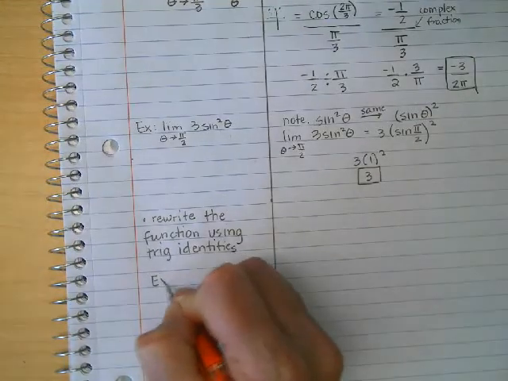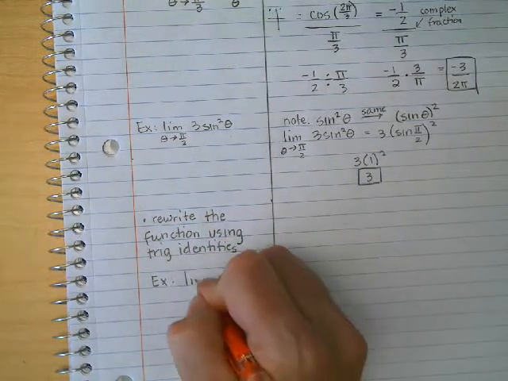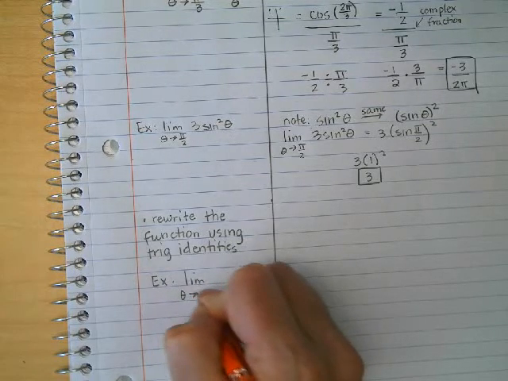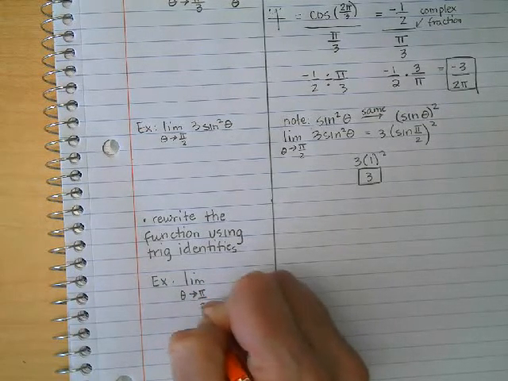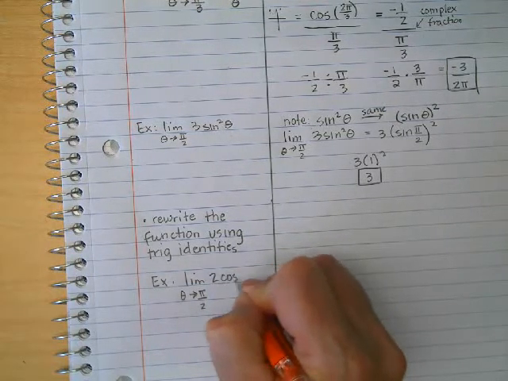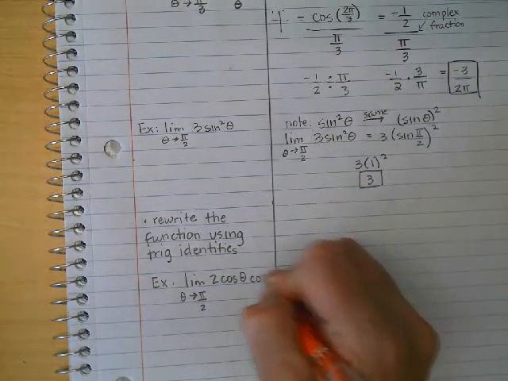Let's do an example. Let's say that we have the limit as theta approaches pi over 2 of 2 cosine theta cotangent theta.